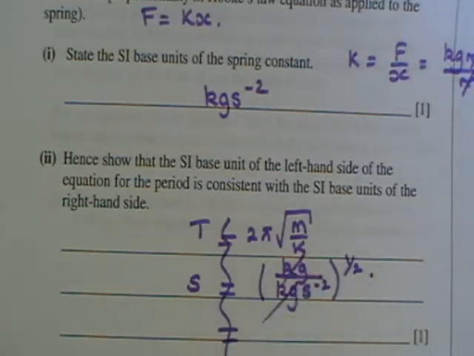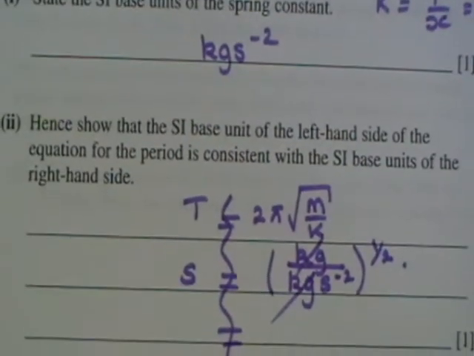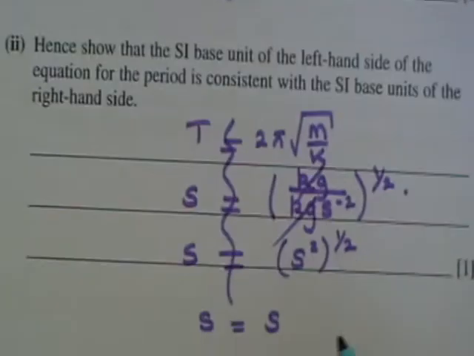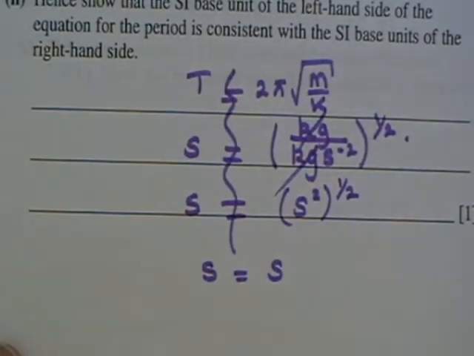So the kilograms cancel each other out. You're left with 1 over s^-2, which, whenever you bring s^-2 to the top, becomes s^2, all to the power of a half. So s is equal to s, as proved.